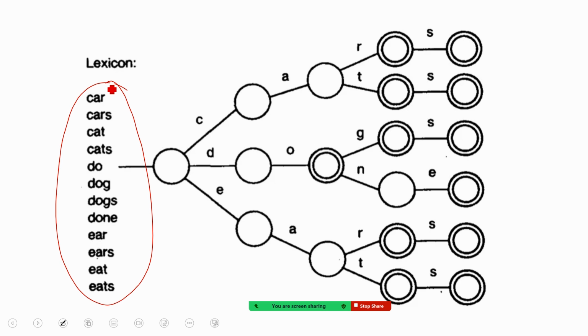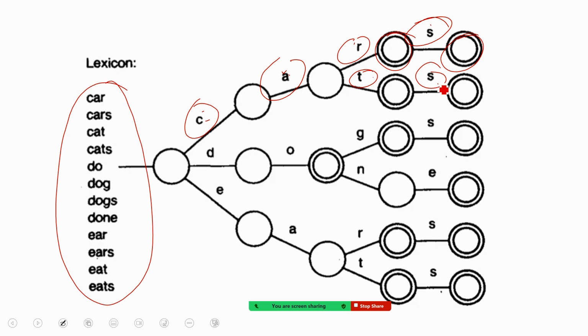So all of these words, for example, C-A-R is one word, C-A-R-S is another word. And you can see here, the double circles represent the end of word in this specific representation. C-A-T and then C-A-T-S, cats. So that's 1, 2, 3, 4 letters, and then 2 words, and then 1, 2, 3, 4 letters, and 2 more words.